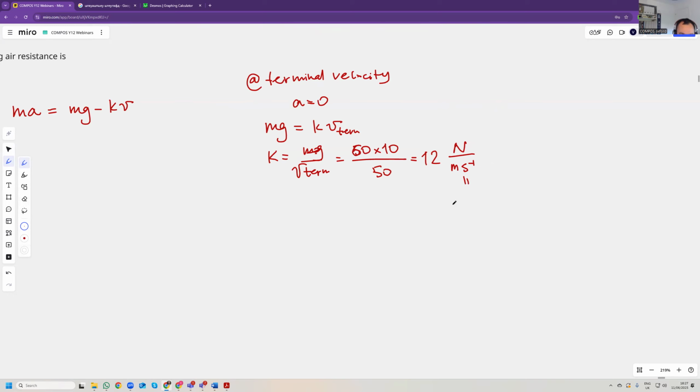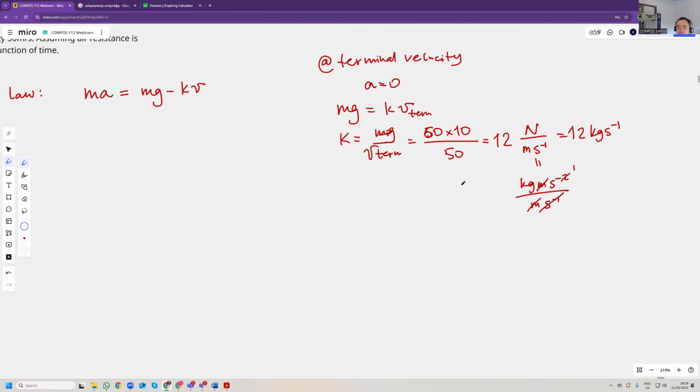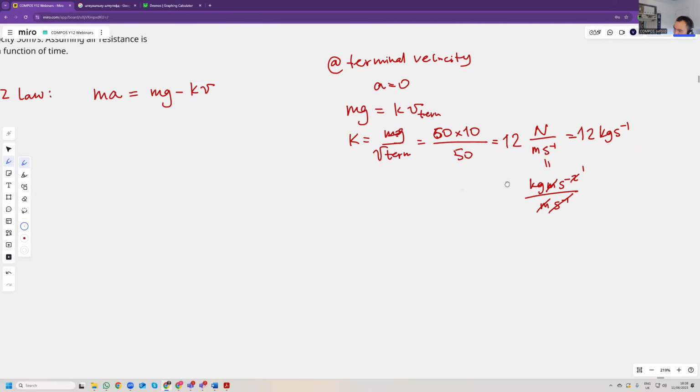But a newton is kilogram meter per second squared. So it's 12 kilograms per second. That's the coefficient of air resistance, if you wish.